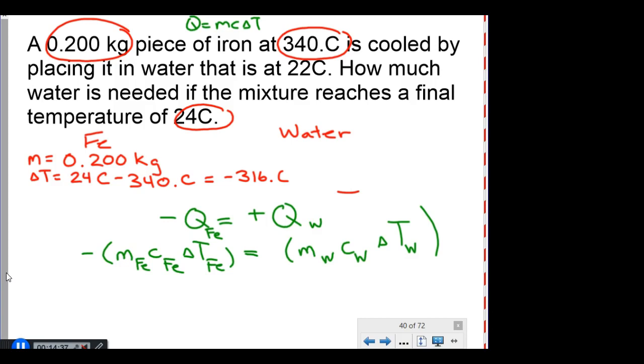Yep. Halfway down, you want to find iron here. Read across all the way to the last column. C equals 0.449 joules per gram degrees Celsius.